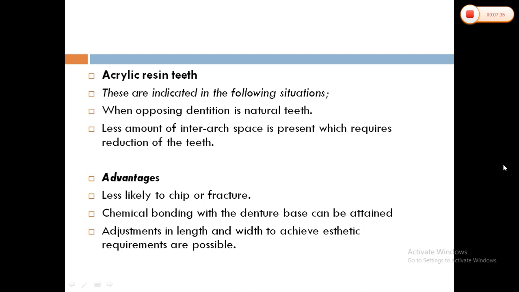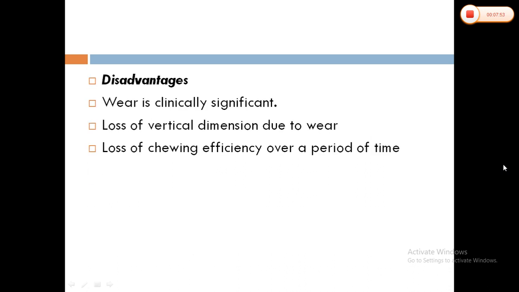Advantages: less likely to chip or fracture, chemical bonding with denture base, adjustments in length and width to achieve aesthetic requirements are possible. So you can always trim these teeth and adjust them. Disadvantages: wear is clinically significant, loss of vertical dimension due to wear, loss of chewing efficiency over a period of time.